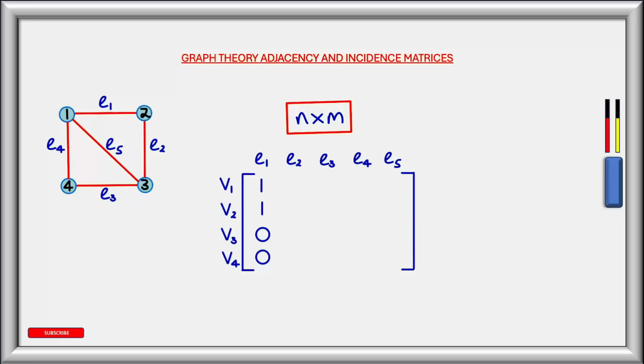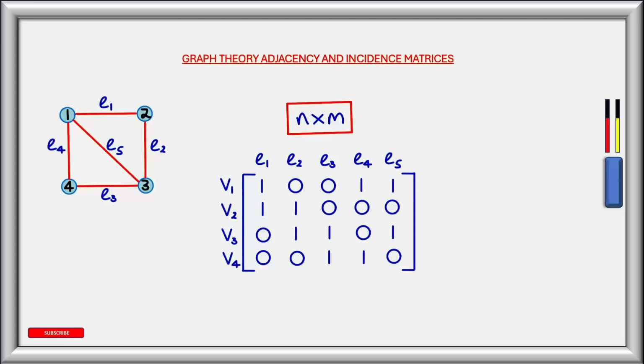So looking at column 2, this represents edge 2, and this connects vertex 2 to vertex 3. So we can place a 1 in row 2, column 2, and row 3, column 2 to represent this connection, as row 2 represents vertex 2 and row 3 represents vertex 3. All other entries in this column are 0, as edge 2 is only associated with vertex 2 and vertex 3.